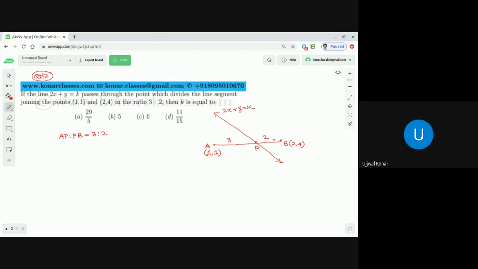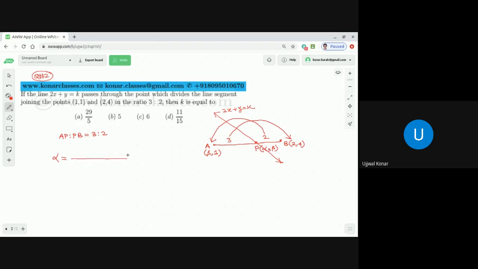Now, what we can find from here is the coordinates of the point P. If we assume the coordinates of the point as alpha, beta, we can find alpha and beta using the section formula. If we apply the internal section formula, 3 should be associated with the coordinates of the point B and 2 with the coordinates of the point A. Association means multiplication in this context.